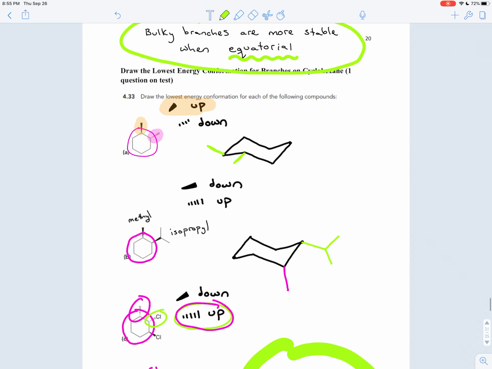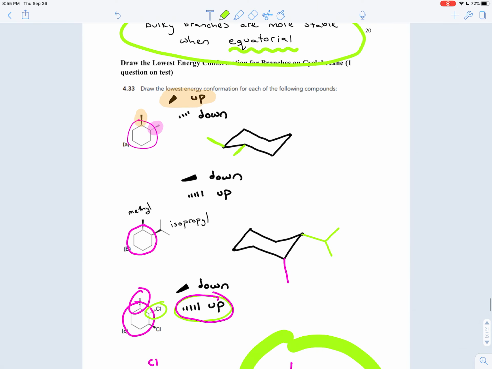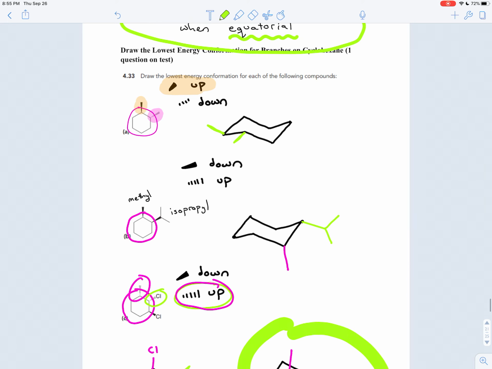So hopefully that gives you a little better sense of how to take these cyclohexanes, draw them from the side, and take the bulkiest branch, or the largest number of branches, and make those equatorial. It's more important that you have the most bulky branch equatorial than the largest number of branches. So first, look to see if you have a really bulky branch.